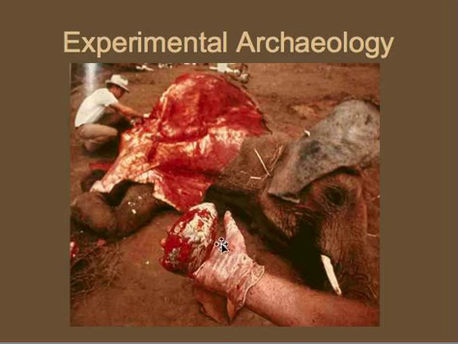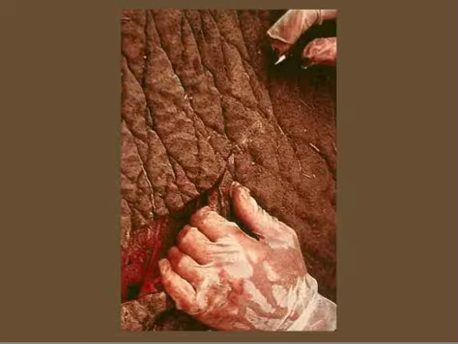Archaeologists moved in and used replicas of ancient tools to butcher the elephant in the way that Homo erectus would have done. And what they were trying to do is to test the efficacy of different tools for different functions. Right, and you can see here, some of these stone tools were quite effective. So that's one aspect of experimental archaeology.